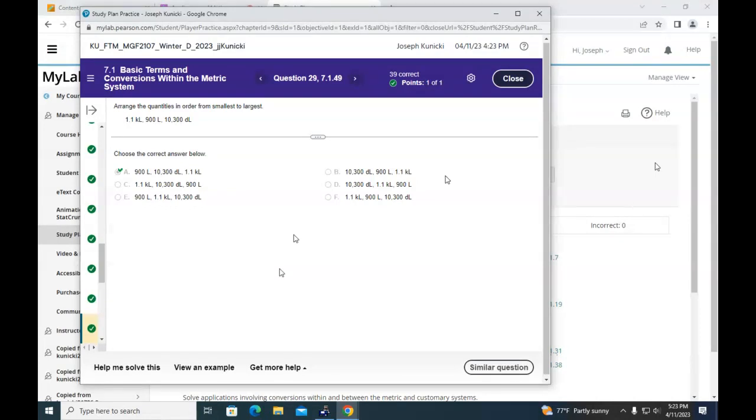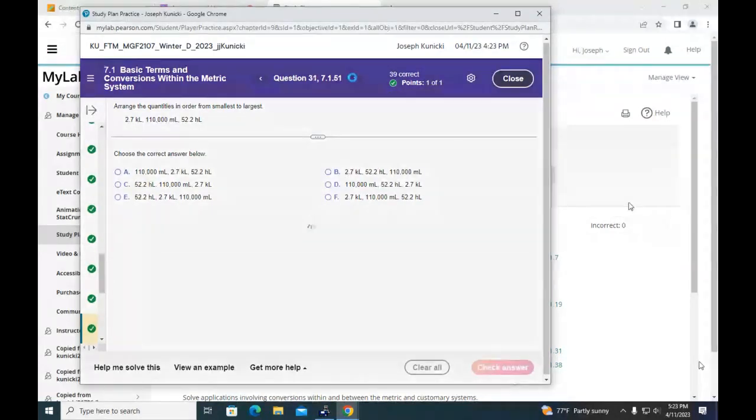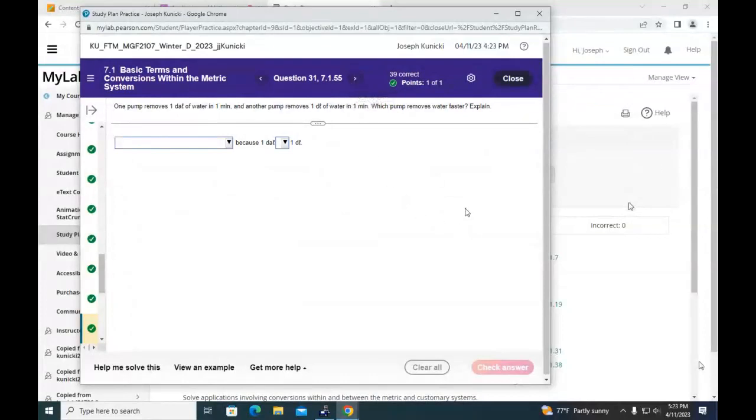Okay, so that was 49, 55. You'll have at least one of those. Okay, so this one's straightforward. It says one pump removes 1 deciliter of water per minute, and another pump removes 1 deciliter of water per minute. You just have to make up your mind which one's larger. Which pumps water faster?